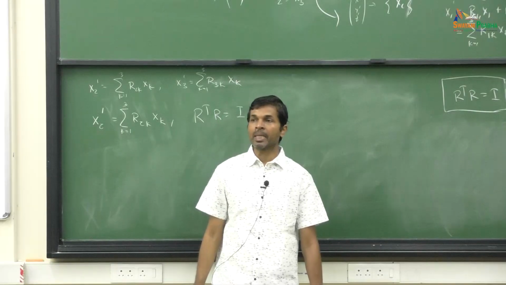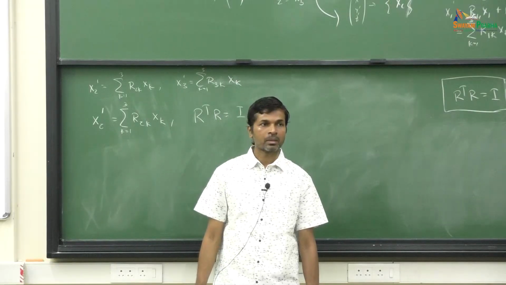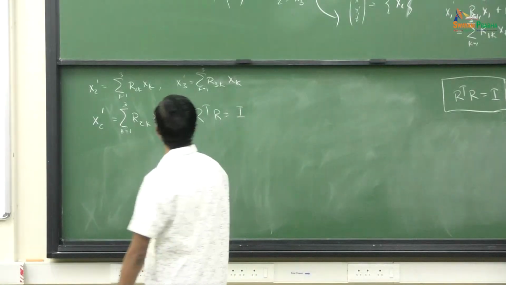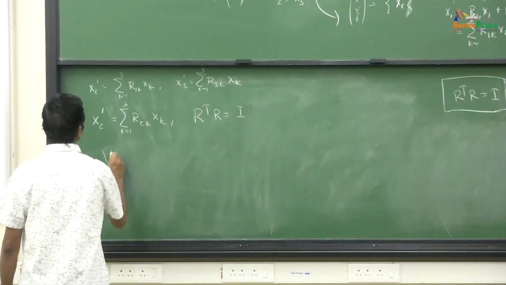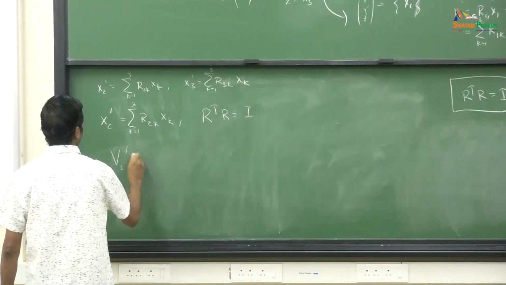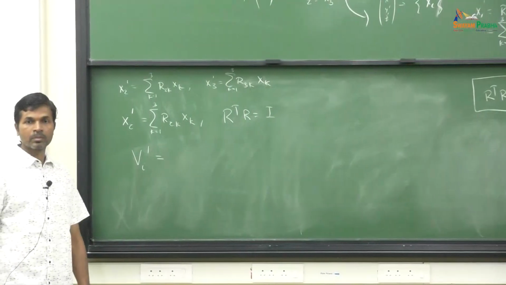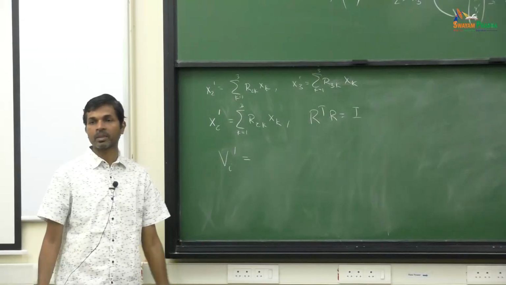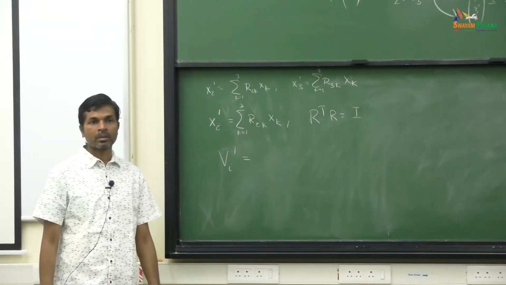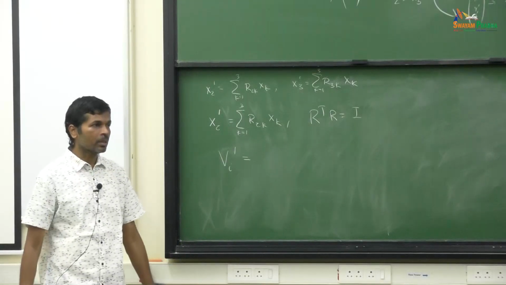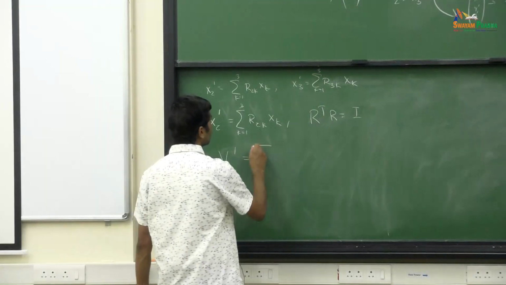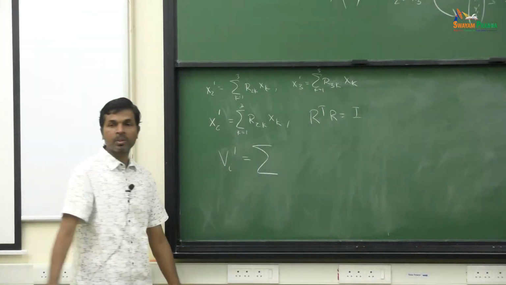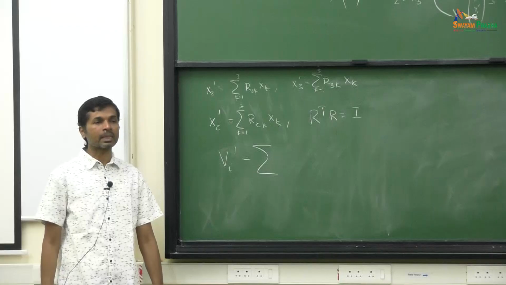Now what I claim is, if you consider an arbitrary vector V_i prime, not the position vector but any arbitrary vector, then under a rotation the components of the vector will transform exactly the same way.